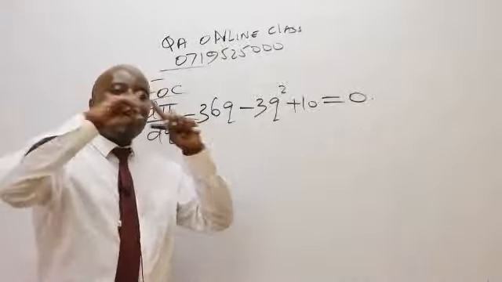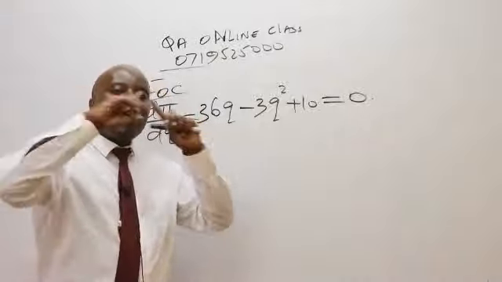And it is at this particular juncture that we must provide a solution. How do we provide the solution? By observation, we realize that this is a quadratic function. And if it's a quadratic function, remember how quadratic functions look like. They look like aq squared plus bq plus c.